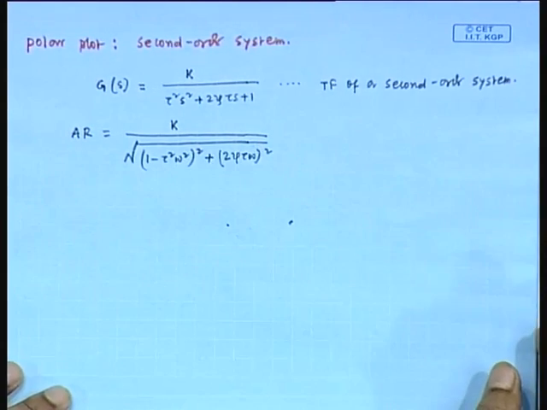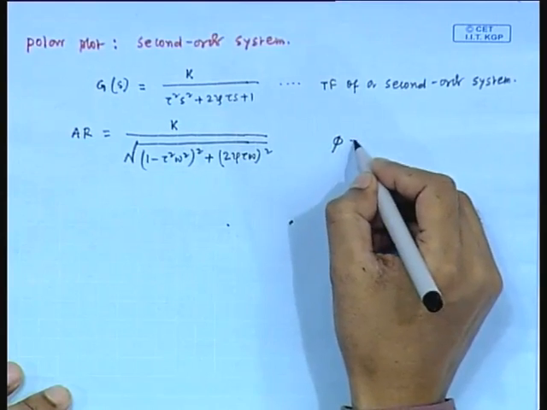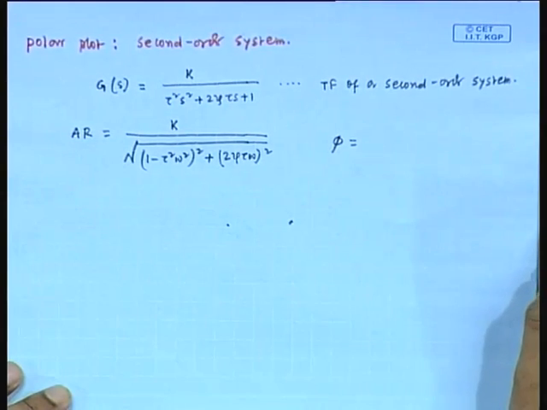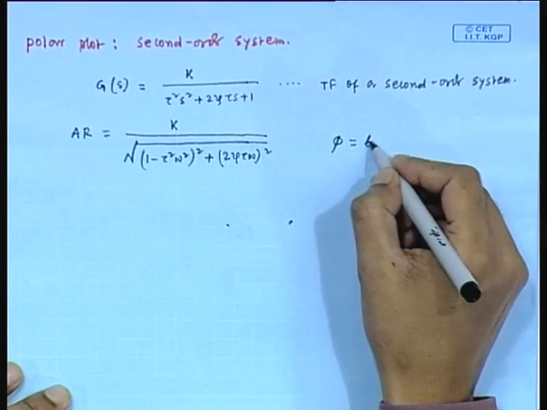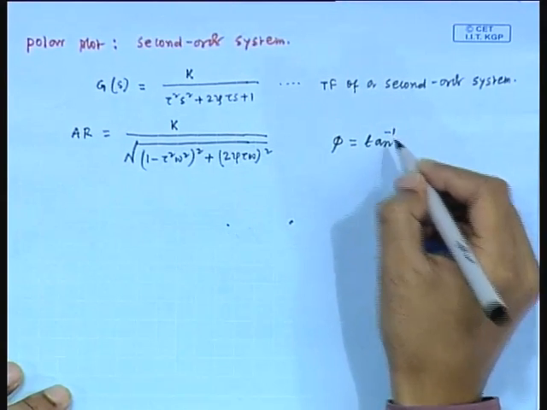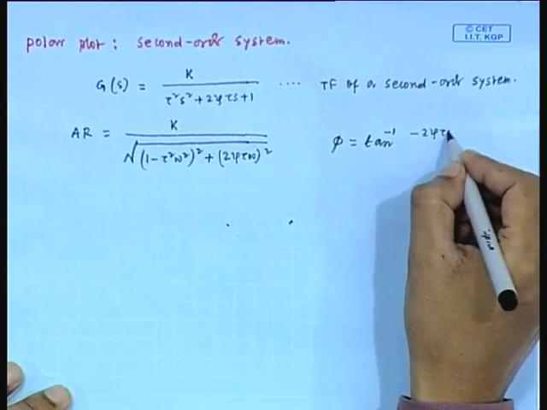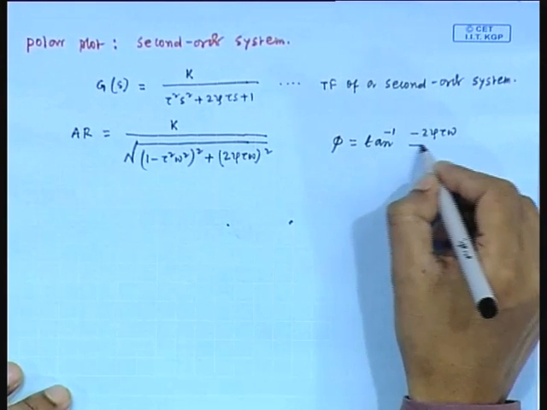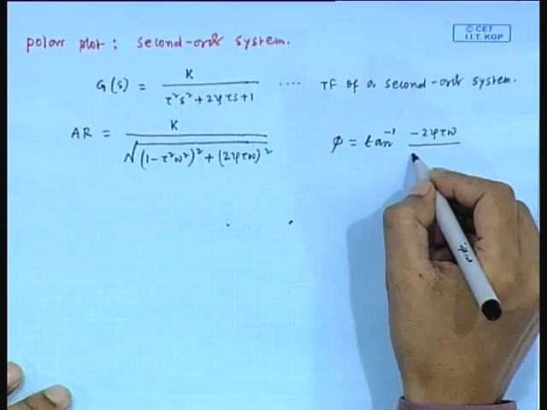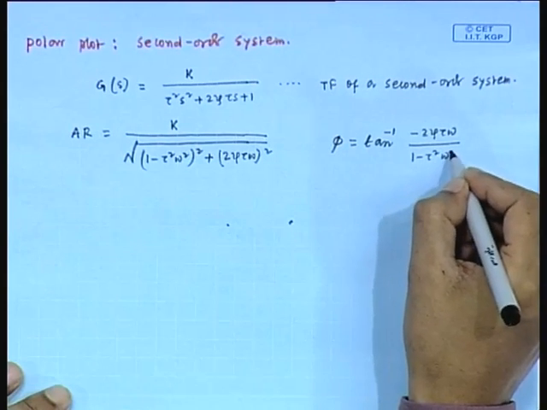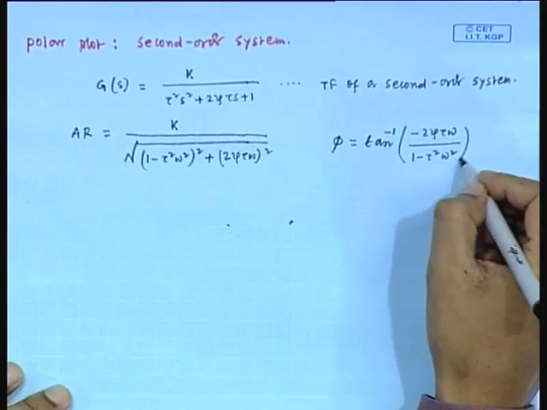This expression we determined earlier. Similarly, we determined the expression for phi as tan inverse of minus 2 zeta tau omega divided by 1 minus tau square omega square.